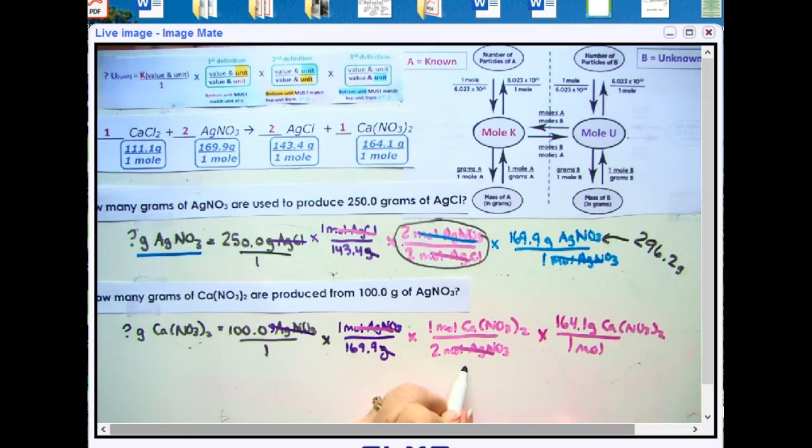But whatever way you get it, the answer is 48.3 grams of CaNO3. Actually it should be 48.29, but we're just going to go with the 3 right now. So there is our answer.